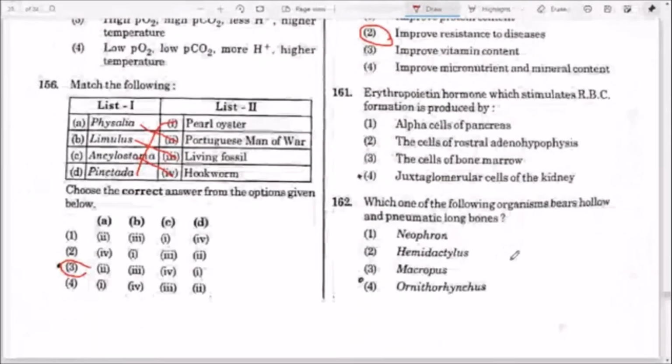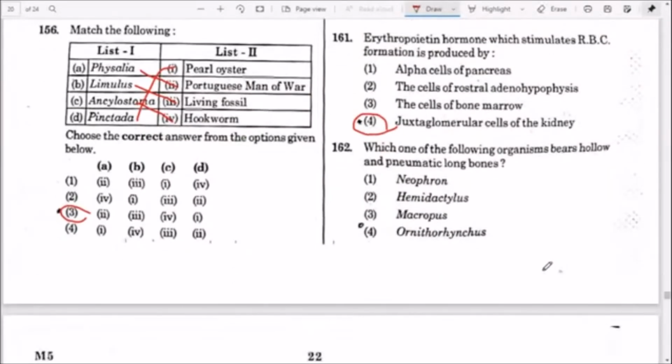Next, question number 161. Erythropoietin hormone, which stimulates RBC formation, is produced by glomerular cells of the kidney. Next, question number 162. Which one of the following organisms bears hollow and pneumatic long bones? It is Neophron. Option number 1 is the correct option, students.